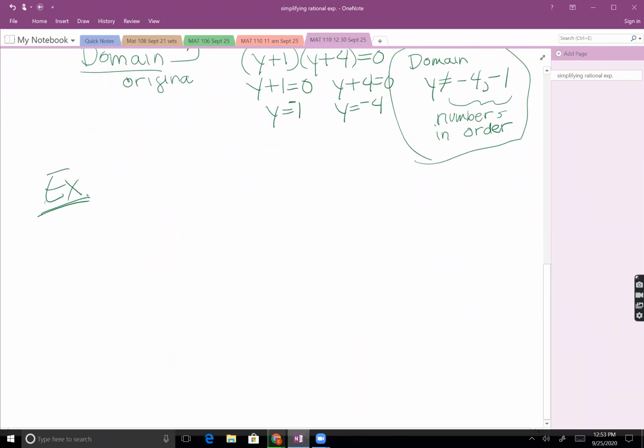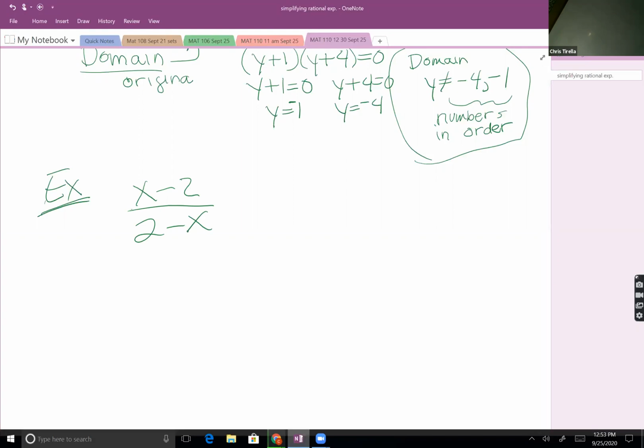So next example, I want to look at x minus 2 over 2 minus x. And as I look at those, is that numerator and the denominator the same? No, because the subtraction's reversed. And with subtraction, order matters.